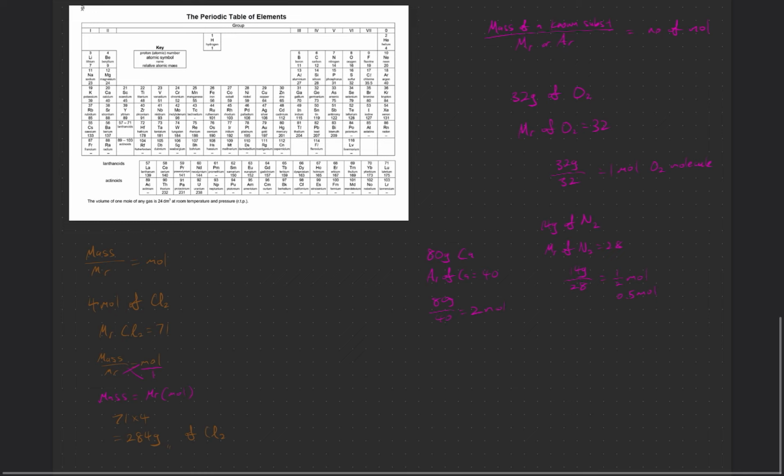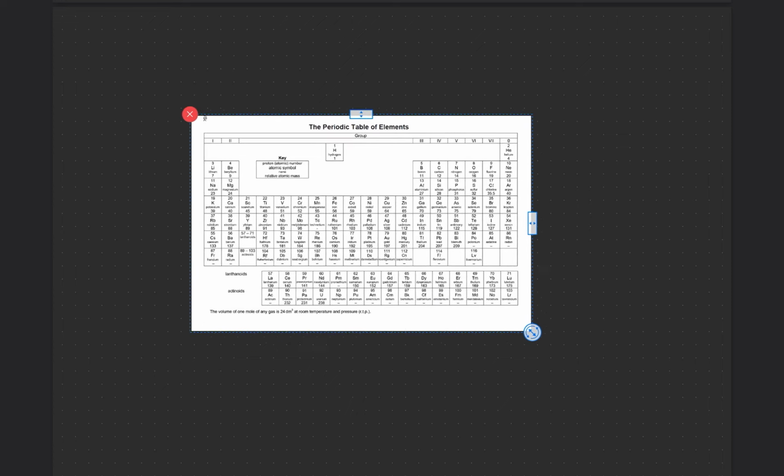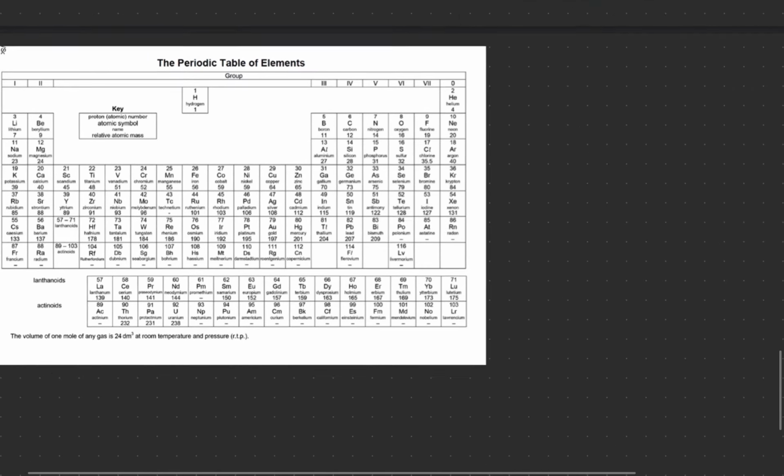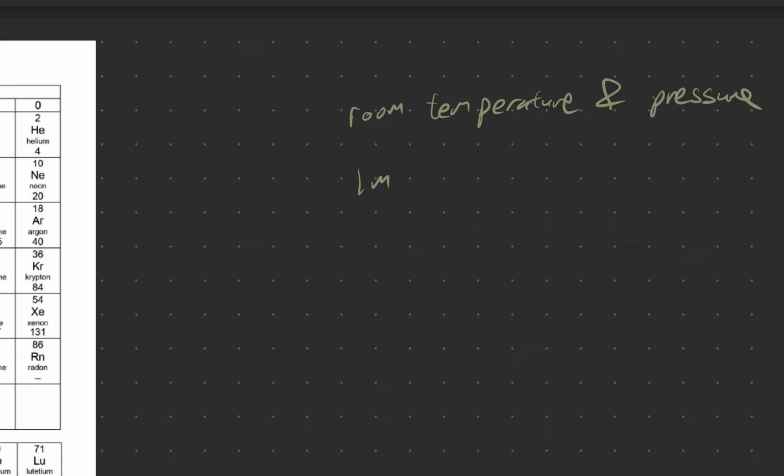Okay, so now we've got that done. Let's move on. There is another method you can use to find the number of moles, and that is using the volume of the gas. At room temperature and pressure, 1 mole of a gas takes up a volume of 24 dm³.